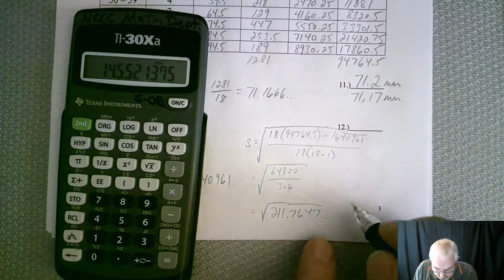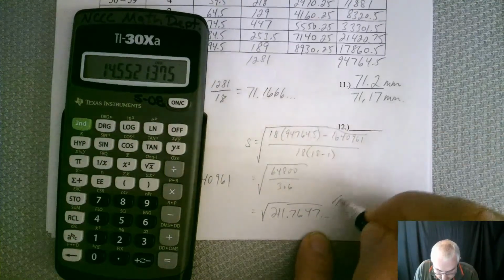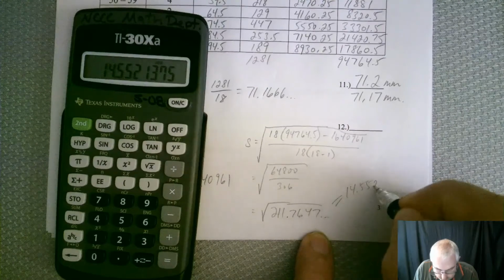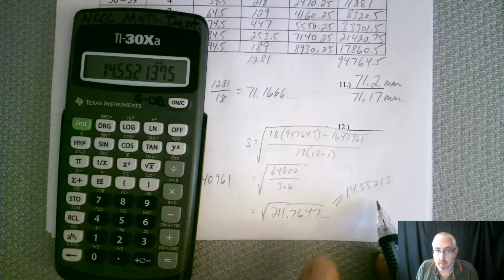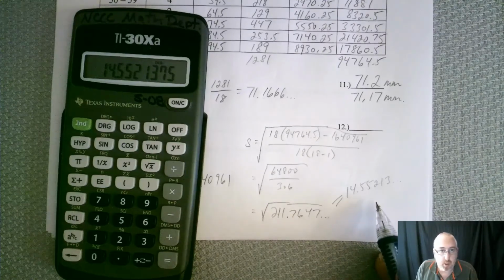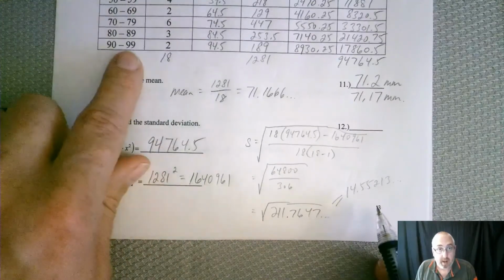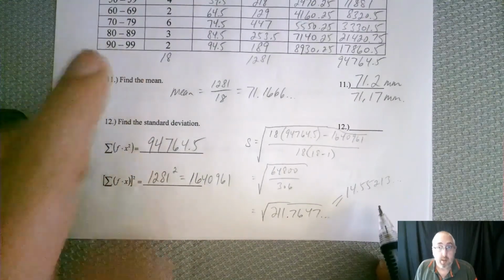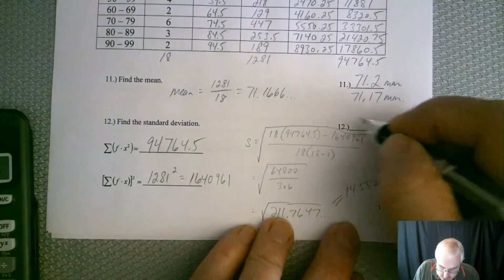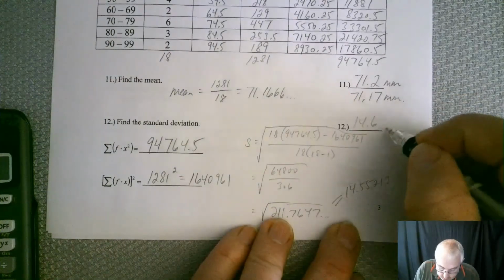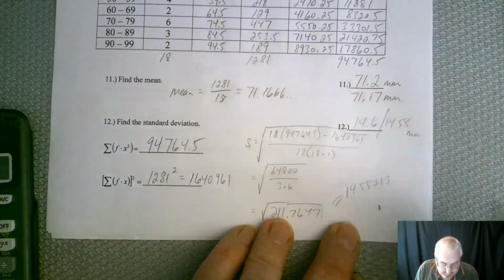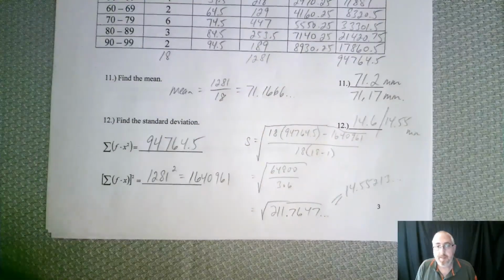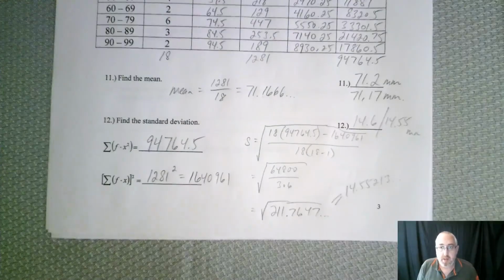So 14.55213. Now again, rounding, make sure you use an appropriate number of decimal places. If you want to use 1 or 2, that would be acceptable, again, because your data is going to be whole numbers. So 1 or 2 decimal places, so either 14.6 or 14.55 millimeters. And that would be your answer. All right, so that wraps up this page. We'll see you in the next one.